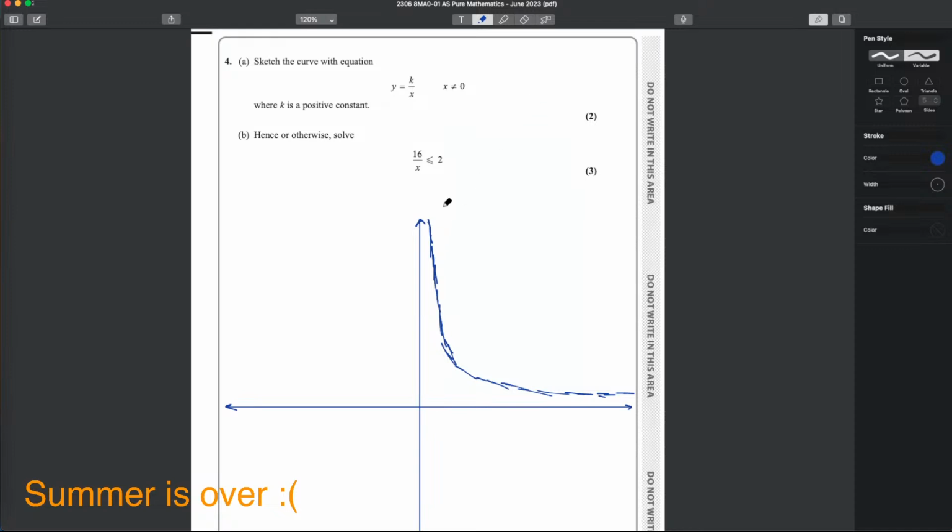Jeez. I don't know why it's so hard on this tablet that I have. That is awful.